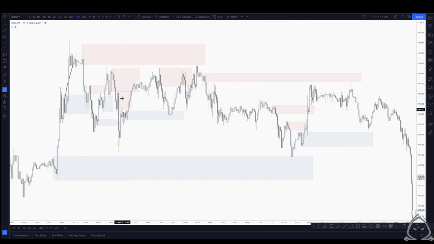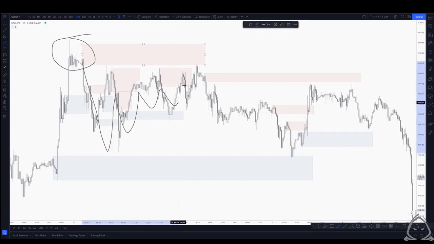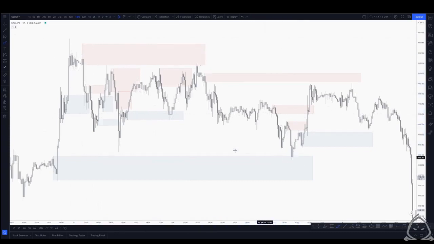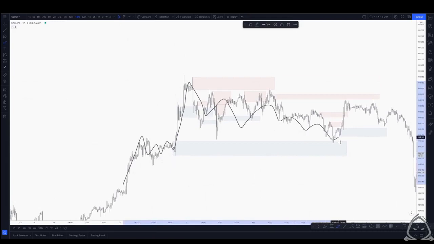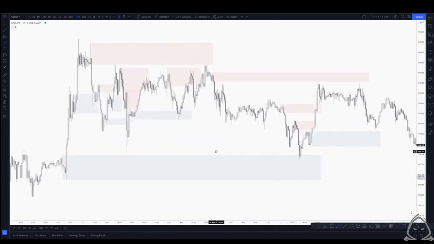So we can see, when we add on the factor of continuation versus reversal models, we see a reversal model and we see a more corrective return back in, and we see the price get respected. Although in this case, when we look a little bit further, we have a continuation model, but we have a corrective return in, and we do get an initial reaction to it. But again, that's the importance of really understanding these concepts on a granular level.